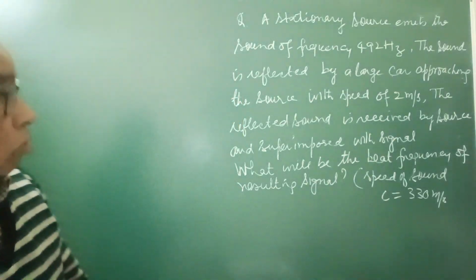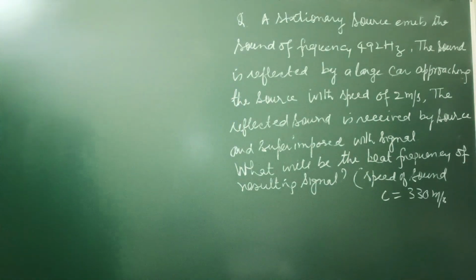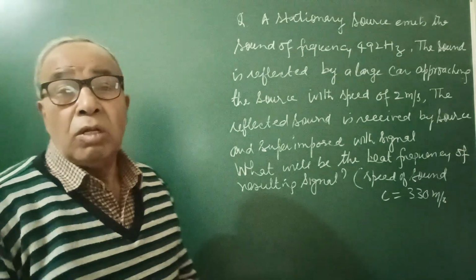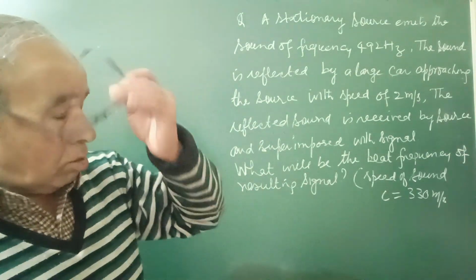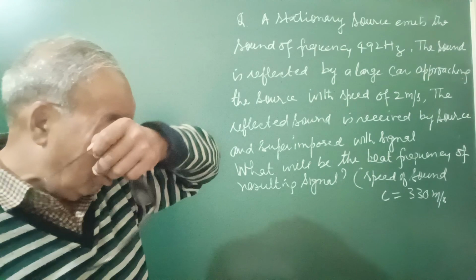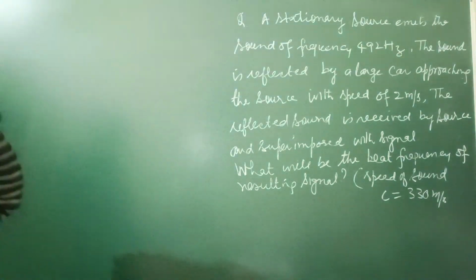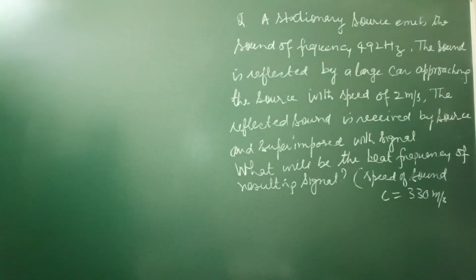Well, dear students, there is a question here on the board regarding the Doppler effect. These questions are in this video. A stationary source emits sound of frequency 492 Hz. The sound is reflected by a large car approaching the source with a speed of 2 meters per second.